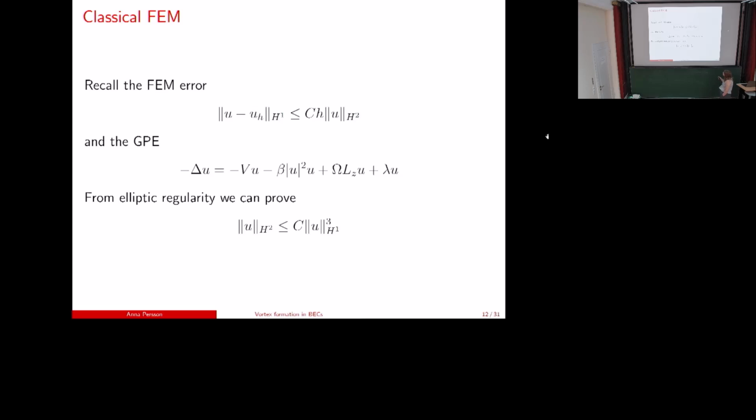And using elliptic regularity, okay, V here is in L infinity, so this term is okay. This one is okay. This is a first order differential operator, also. And this is also a nice term. The one that determines this bound is the nonlinear term. So you get this u squared times u, and this is the reason you get the power 3 here. So we can bound the H2 norm by the H1 norm to the power 3.